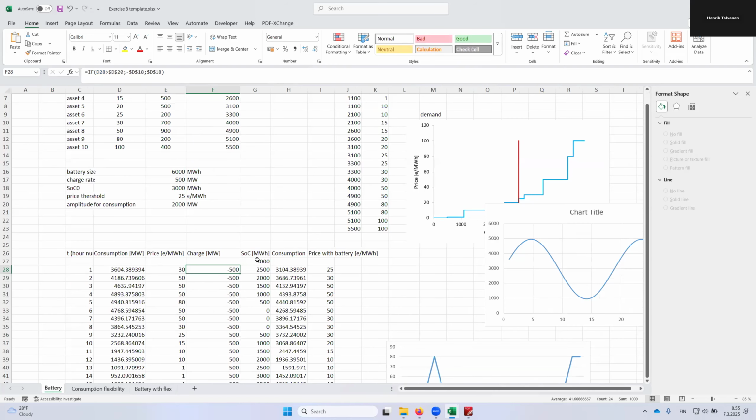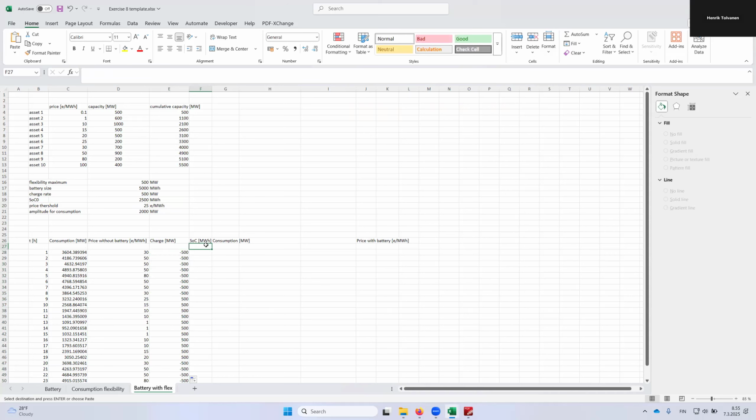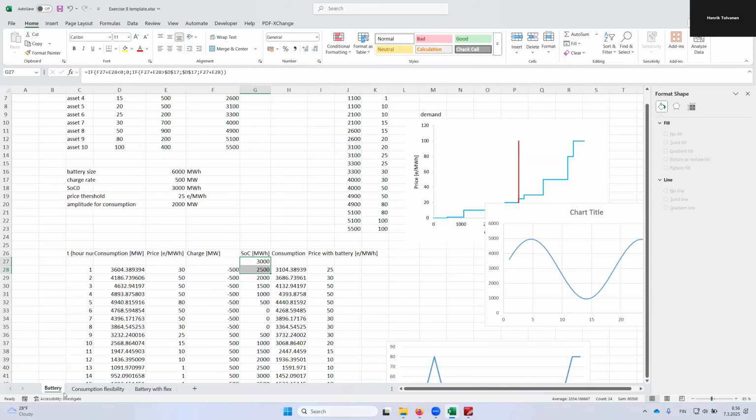And then we can go ahead and copy these state of charge values from here. Going to change this one to 5,000 megawatt hours. And in here, the limit is again 5,000. So we get the state of charge again, and the consumption function in here.